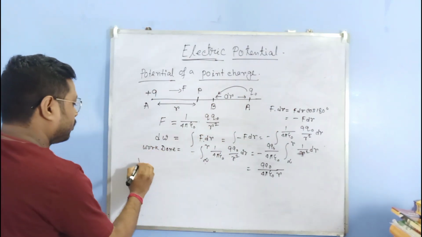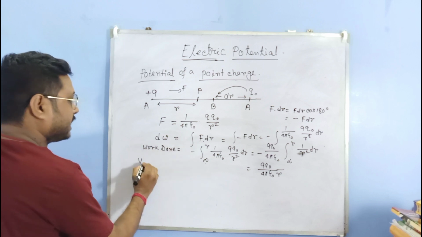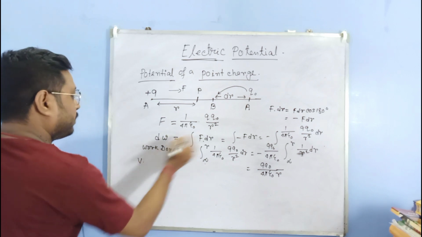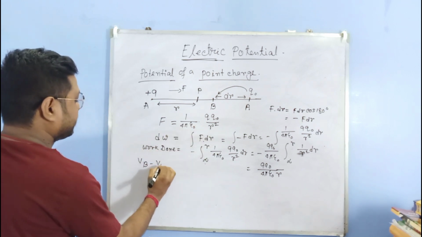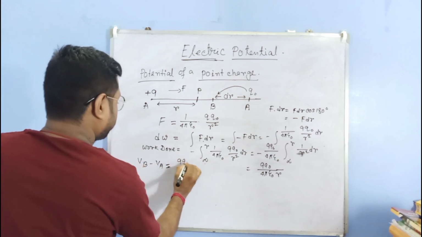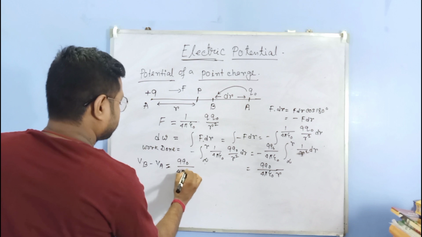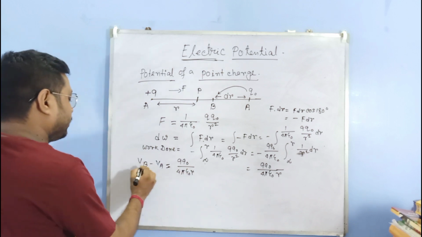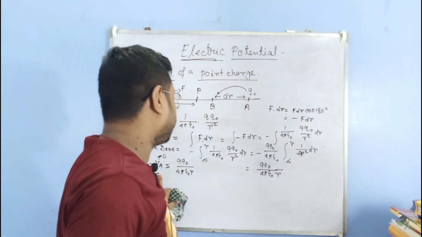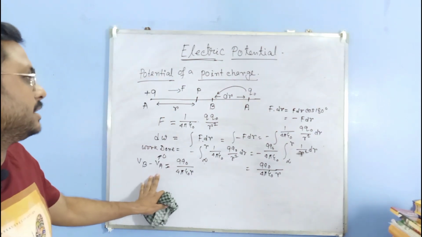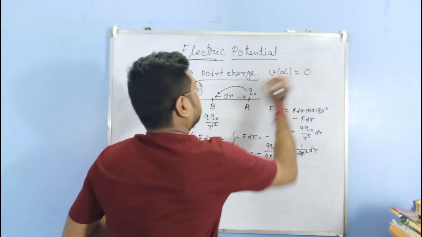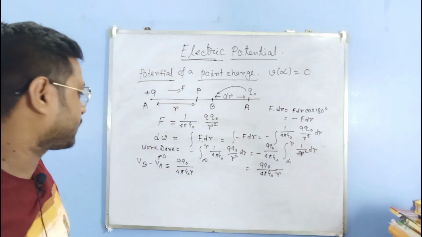From the definition, if we move it from A to B, then VB minus VA equals q0 divided by 4 pi epsilon 0 r. We take VA equal to 0 because we can consider that A is far away, situated at infinity, and for infinity the potential V must be 0. This is the assumption.